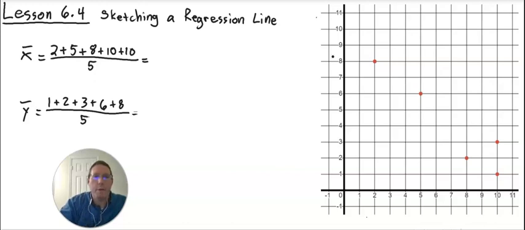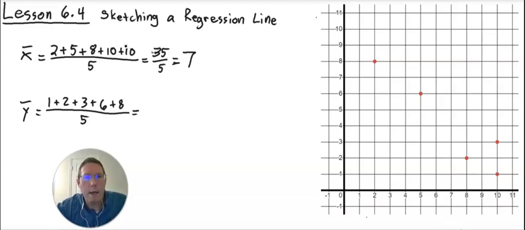Okay. So up here, for the x-bar, we have 2 plus 5 is 7, plus 8 is 15, plus 10 is 25, plus another 10 is 35. So we've got 35 divided by 5, which is 7. Okay, so the mean of all the x-coordinates is 7.